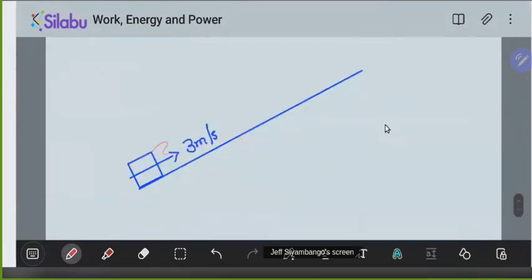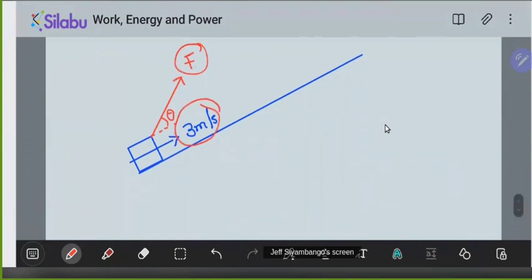I can even put the applied force here such that it is at an angle, and I can give the angle as theta. So the applied force here is F. If this force gives this object this velocity, the question is, what is the work done, the power output from this force?